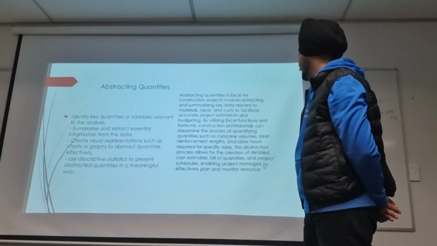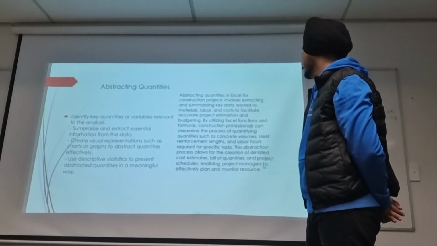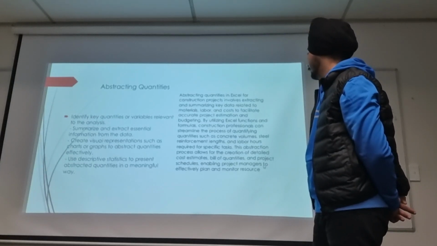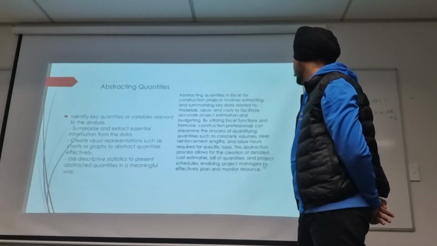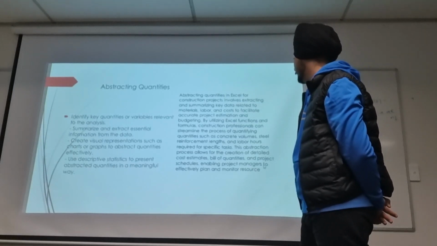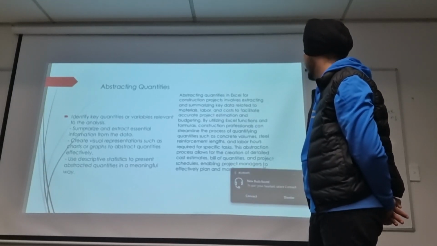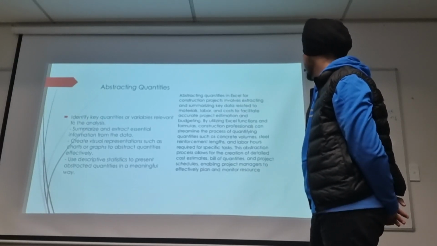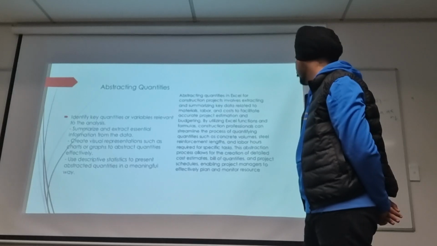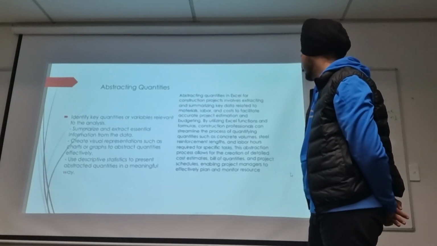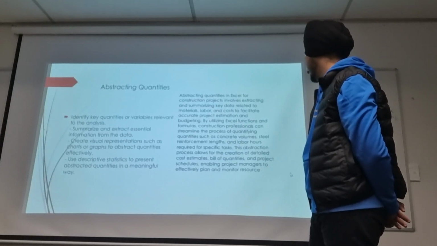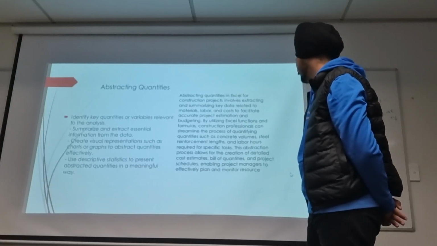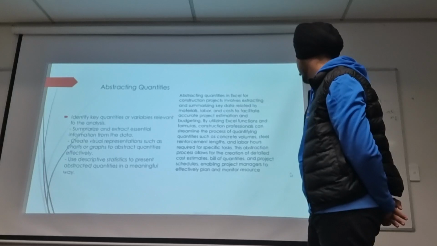By utilizing Excel functions and formulas, construction professionals can streamline the process of quantifying quantities such as concrete volume, steel reinforcement lengths, and labor hours required for specific tasks. This abstraction process allows for the creation of detailed cost estimates, bill of quantities, and project schedules, enabling project managers to effectively plan and monitor resources.